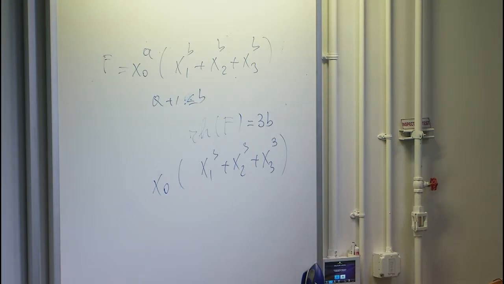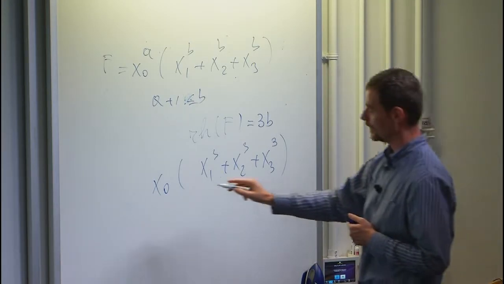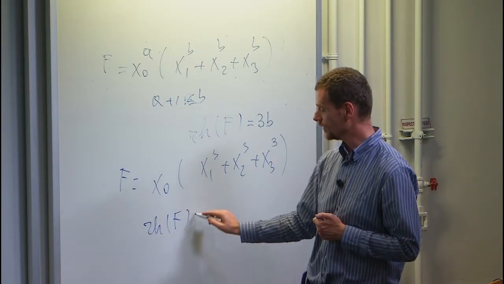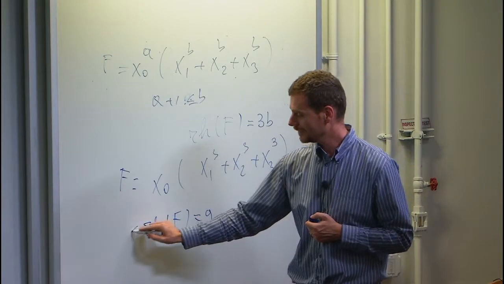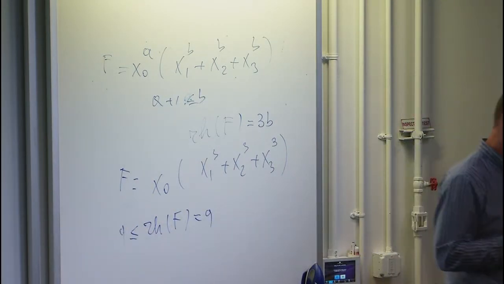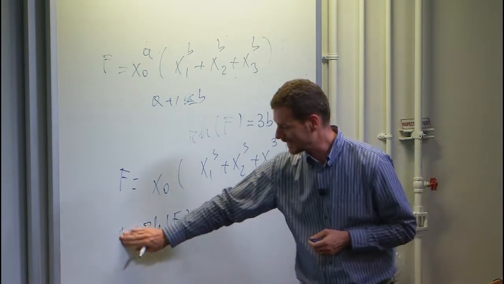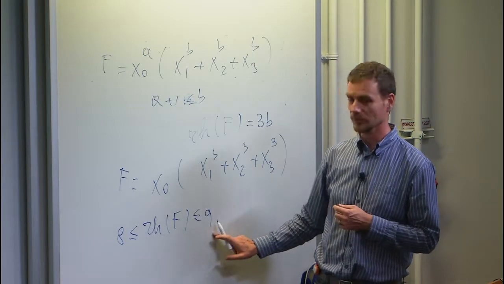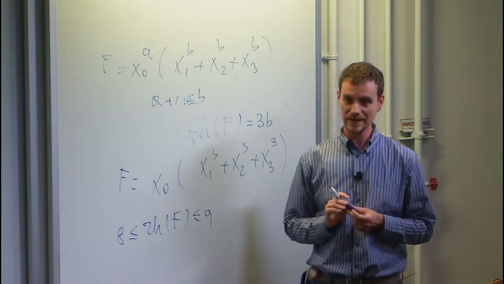The best you can get is 8. So in this situation, for this f, the rank of f we know is 9, and these elementary techniques only produce that the lower bound is 8. So basically, using those techniques, we know that it is at most 9 and at least 8.